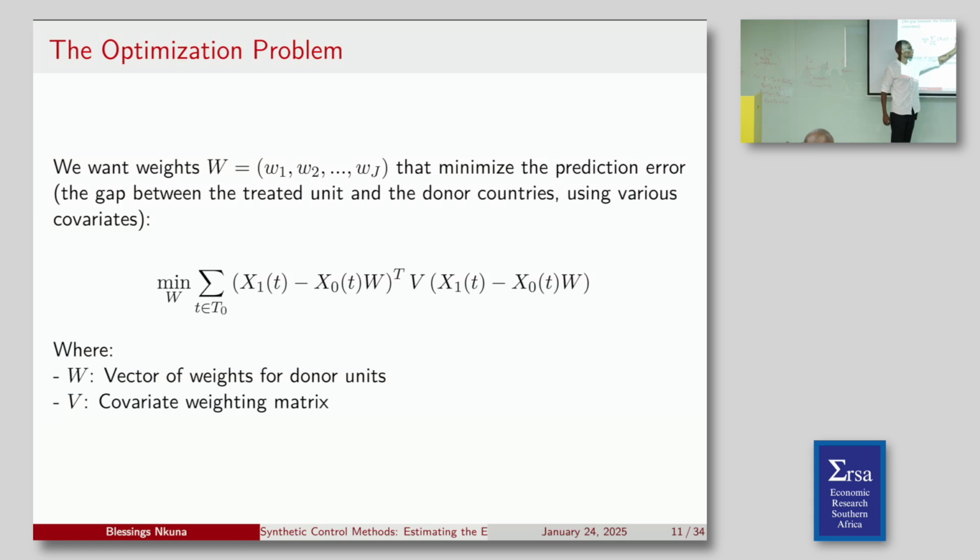X0 is the covariates of the units that didn't receive the treatment. You're trying to minimize the gap between these two so that they're as similar as possible. So that's why we have a minimization problem. And yeah, so that's the whole idea into that. We're trying to find the weights that minimize this objective function.